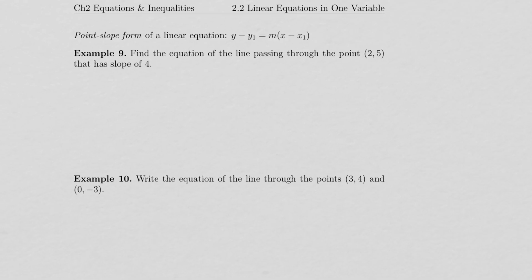So it's y minus y1 equals m times x minus x1, where again, the m is the slope, and then x1, y1 is just a point on the line. So it's a point that the line passes through.